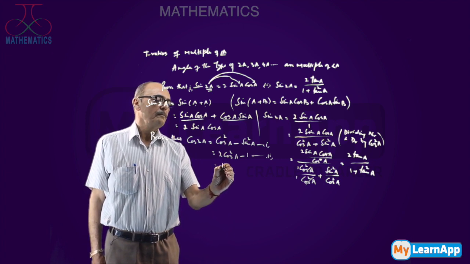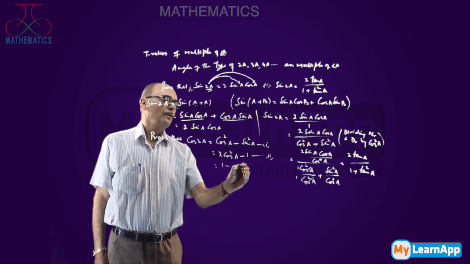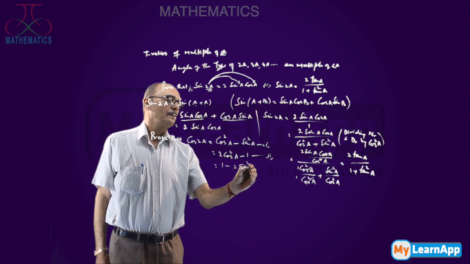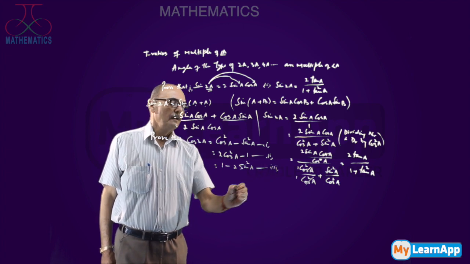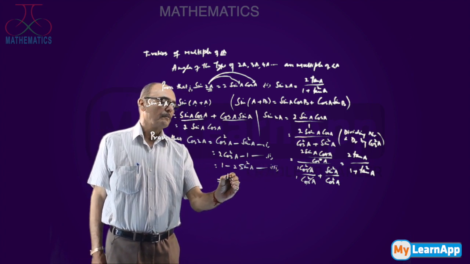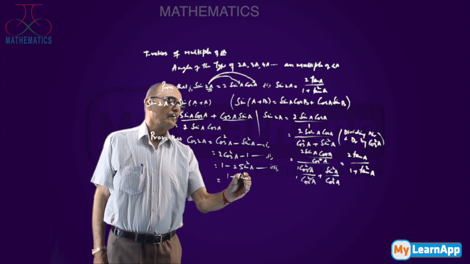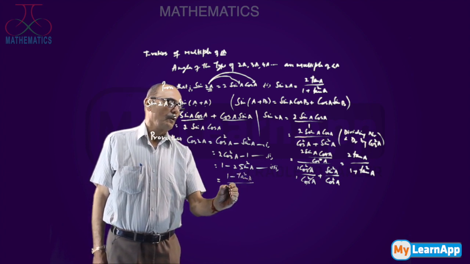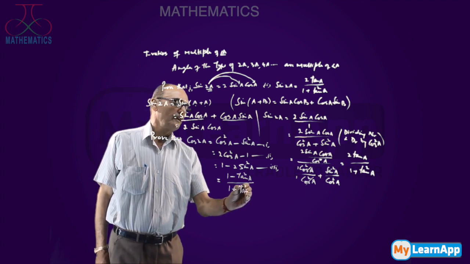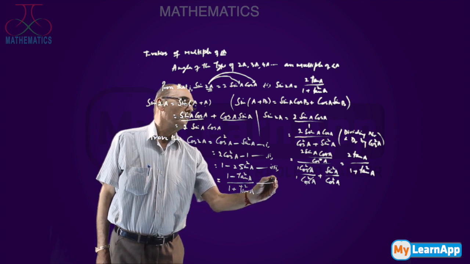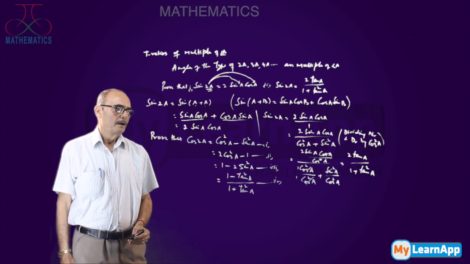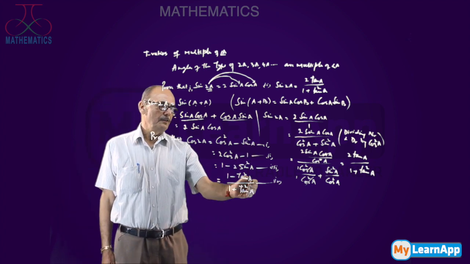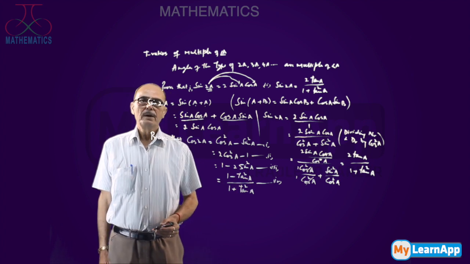And 1 minus 2 sin square A, mark it as third. And 1 minus tan square A over 1 plus tan square A. This is the fourth one. So, for cos 2A, we can write any one of these four formulas depending upon our need.